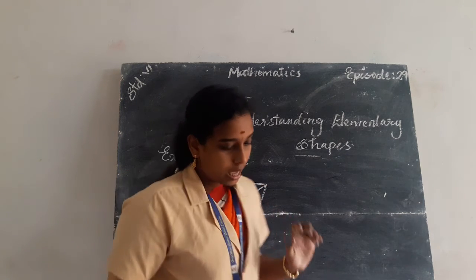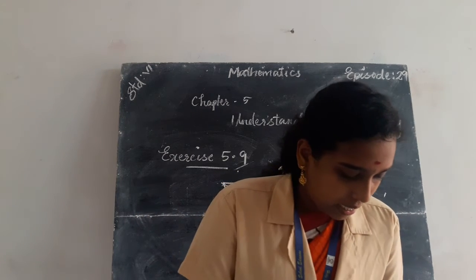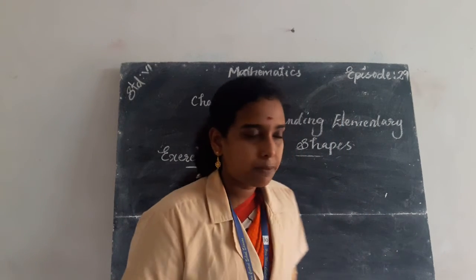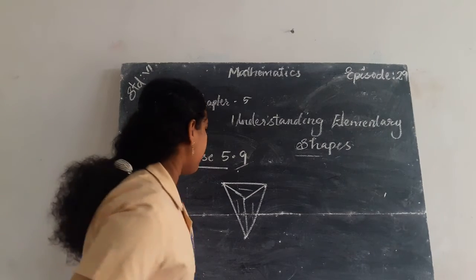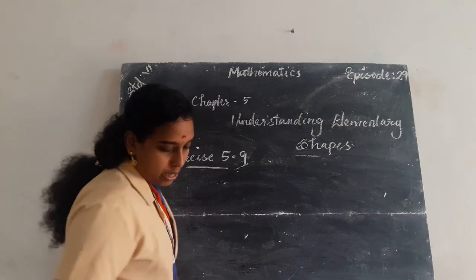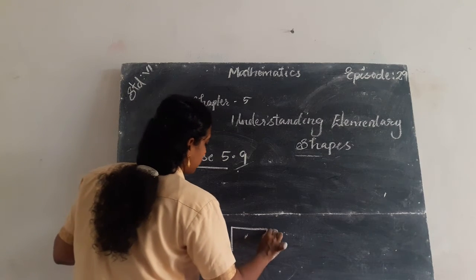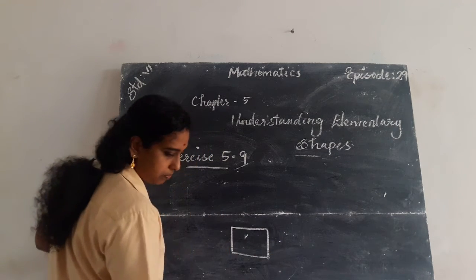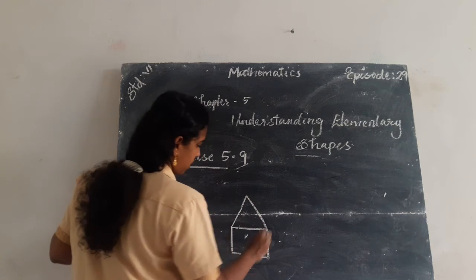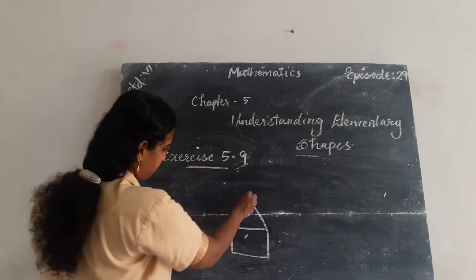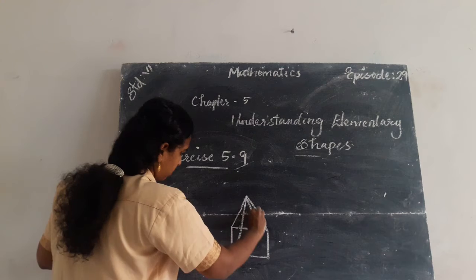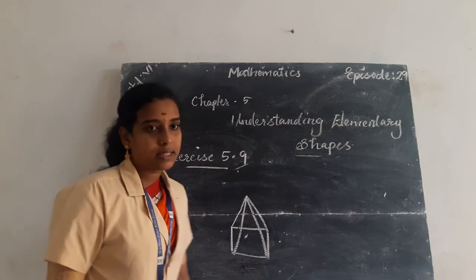Then square pyramid. A square pyramid has a square as its base. If I draw a square pyramid, then a square is considered the base of the pyramid. Square means all sides are of equal length. We draw the vertices, then we get a square pyramid.